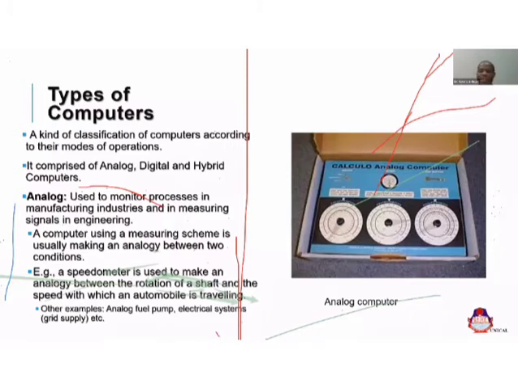That is why you read the speed on your speedometer. That's an example of an analog computer. It's a computer, but it's an analog computer. Other examples include an analog fuel pump, what we find in filling stations, in electrical systems, the voltmeter, and in power grid supply, you find analog computers fully functional in those settings.